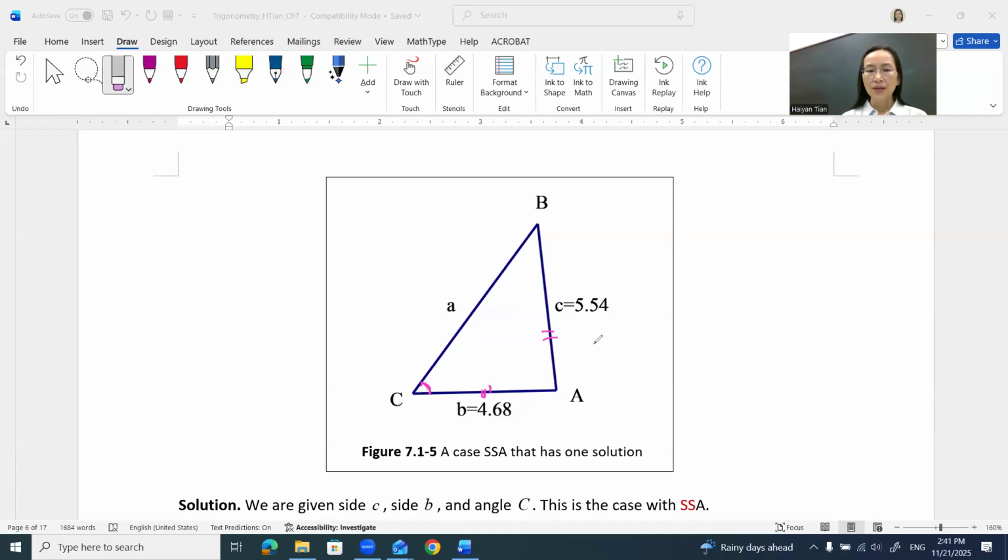So again, side angle, side angle. So this is a side angle given, and we want to decide the third side. Yeah, so the only side that is unknown is a. That is a side to be found.